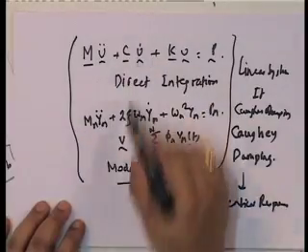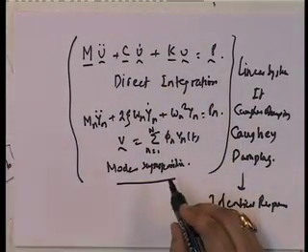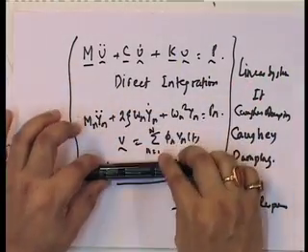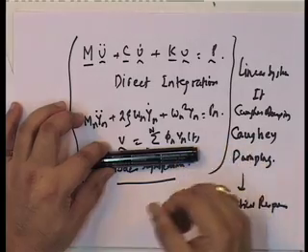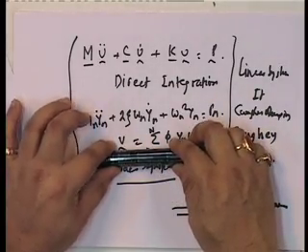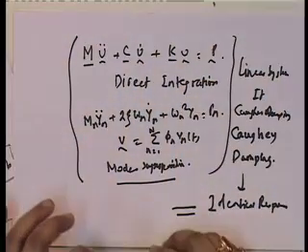Because if you use mass proportional damping, it will overestimate the response from the higher modes, and therefore, since it overestimates the response, this one will typically be higher than what you get from here.